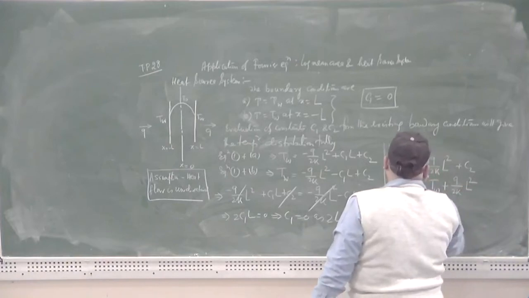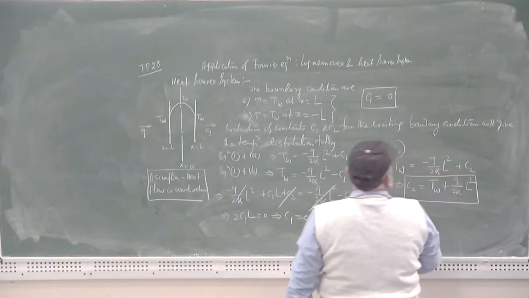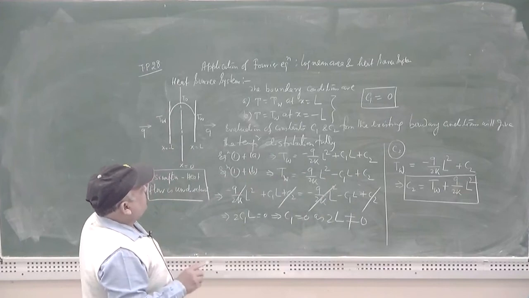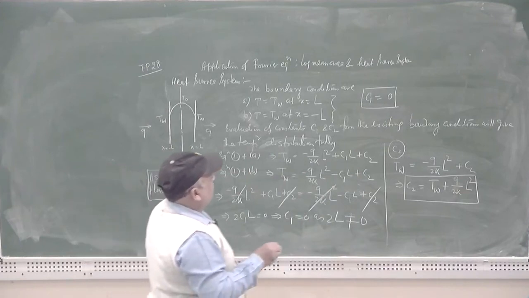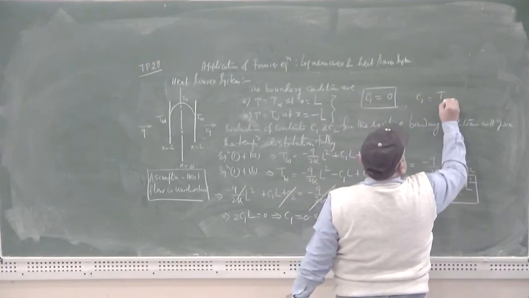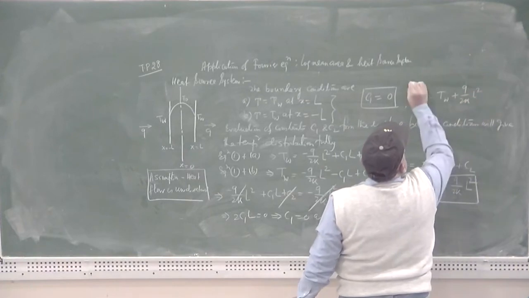So, the value of the second integration constant as appears in equation number 1 is this. You have obtained these two values: C1 is equal to 0 and C2 is equal to TW plus Q upon 2K L square.